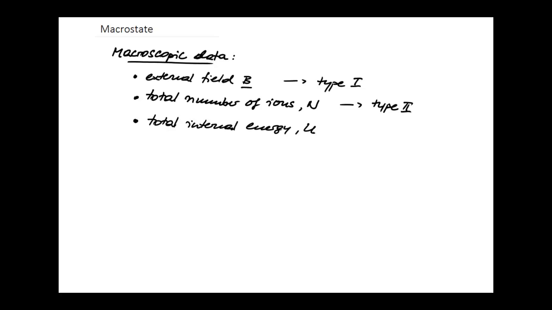We might also be given the total magnetic moment, M. But these two pieces of information are in fact equivalent, because the energy is given by minus external field times magnetic moment, so minus B times M. So if we know M and we know B, then we also know U. Or if we know B and we know U, then we also know M. Provide information about either of the two, and then you can calculate the other. So these are two equivalent pieces of information.